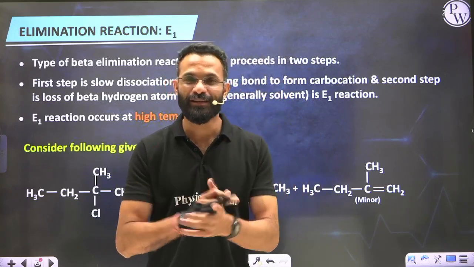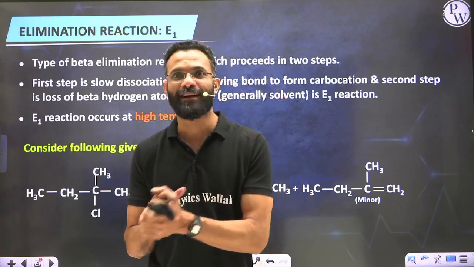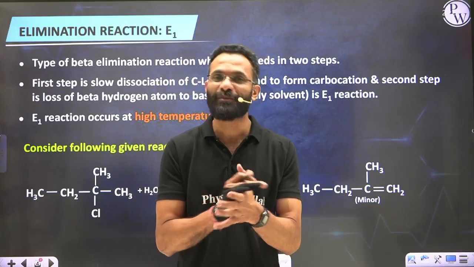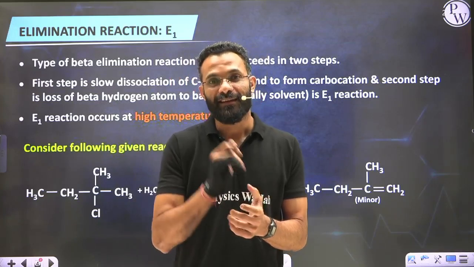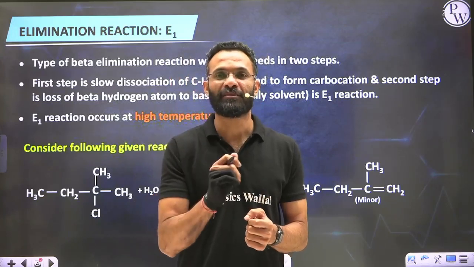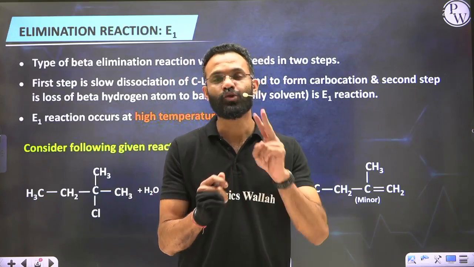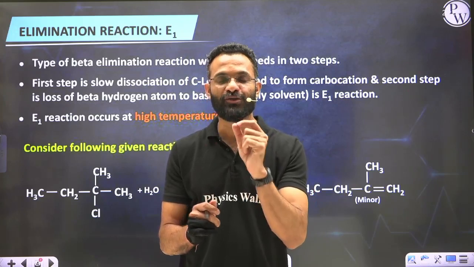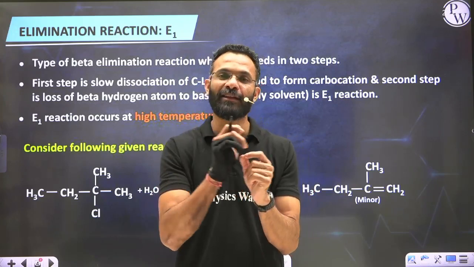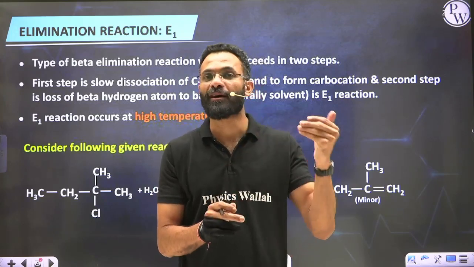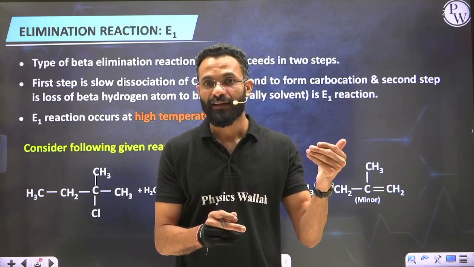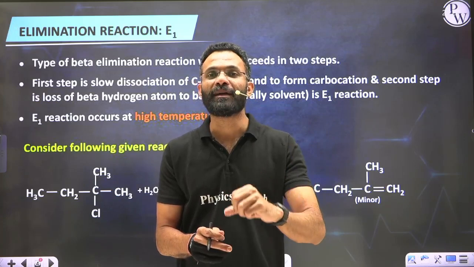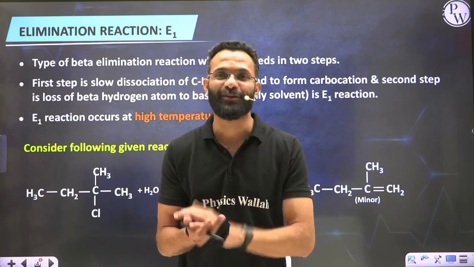So dear students, even the E1 reaction, that is the unimolecular elimination reaction, follows the same order. That is, the E1 reaction mechanism is a two-step reaction, where in step number 1 there is slow dissociation of the carbon and leaving group bond to form a carbocation. Once the carbocation is formed, then a weak base abstracts the beta hydrogen atom.